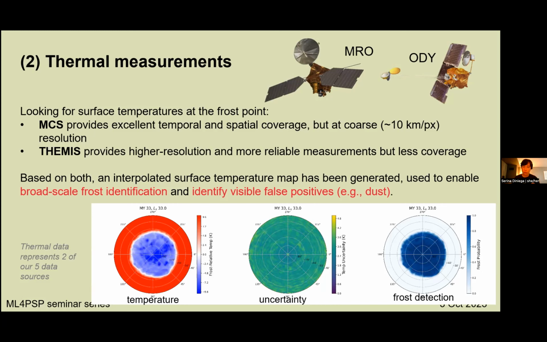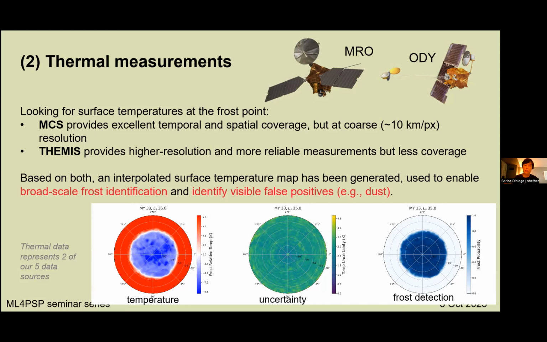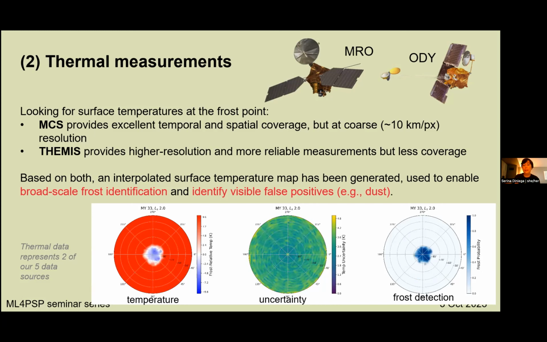So if the surface in general is at the CO2 frost temperature, then that indicates that you have a lot of frost on that surface, because that just physically, that's what happens. But what this doesn't capture is patchy frost. So if you have a surface that in general is close to the CO2 frost point, but not at it because it's not frosted, and you only have some small areas of frost, you're going to lose that because MCS is at that significantly coarser resolution.